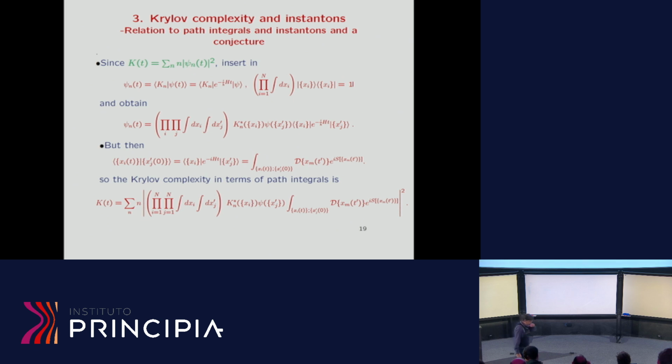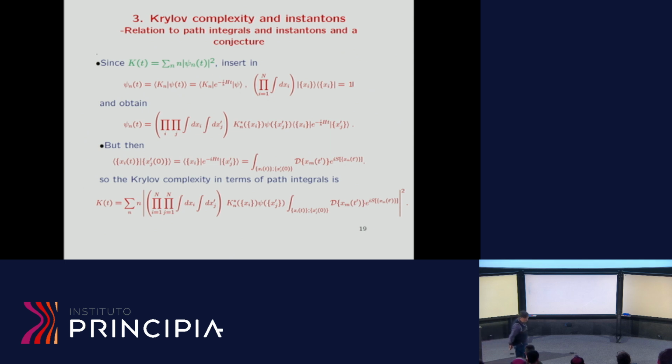All right. The second part of this talk is about a different relation. So until now is something that has been on the archive. This is work in progress now.